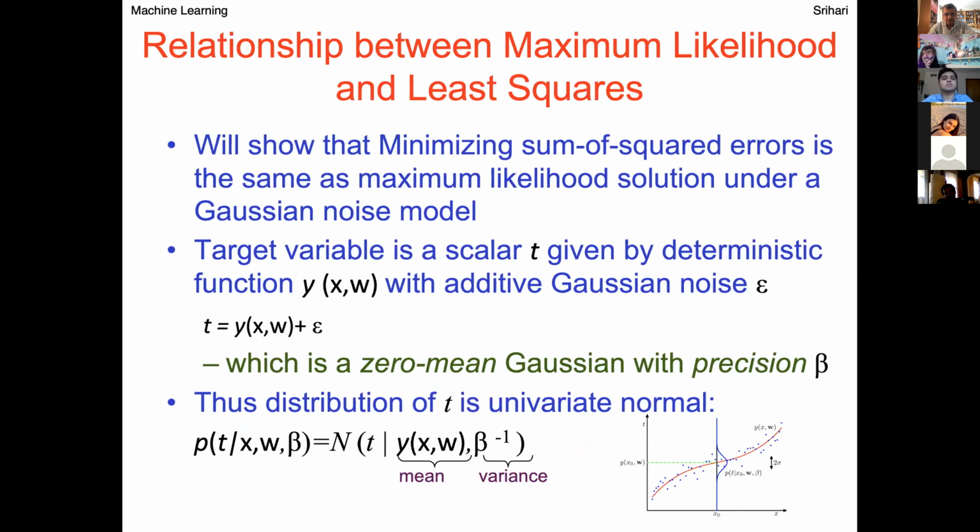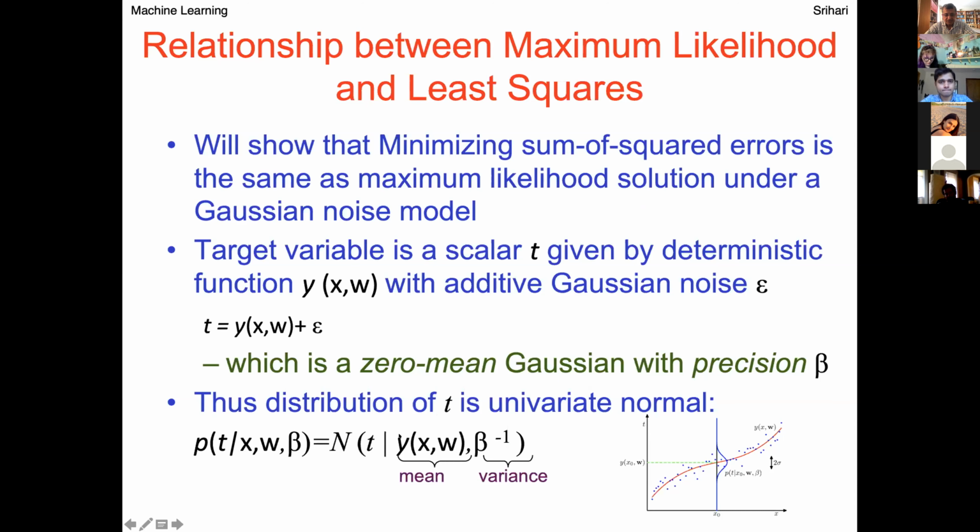So, relationship between maximum likelihood and least squares. Okay. We show that minimizing the sum of squared errors is the same as the maximum likelihood solution under the Gaussian noise model. So what we're going to say here is that when you're trying to find the best set of weights, W, for regression, and you're assuming a Gaussian noise model, we saw noise in all of those cases.